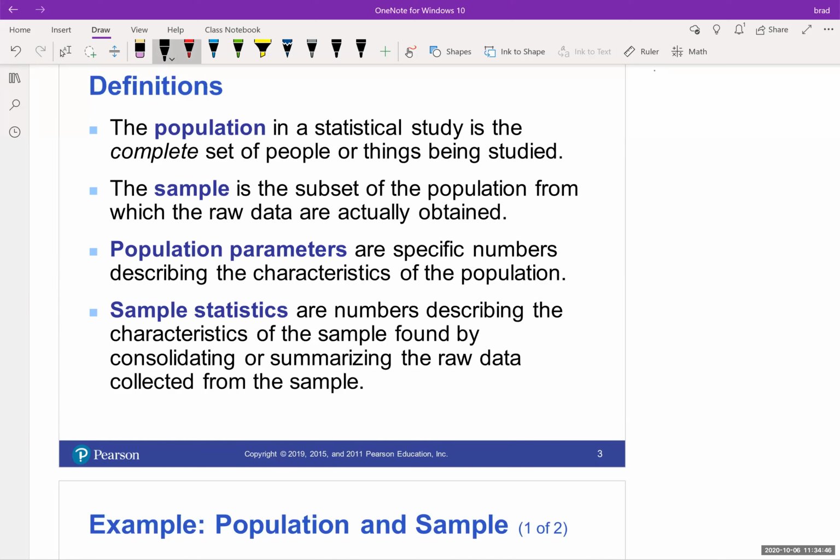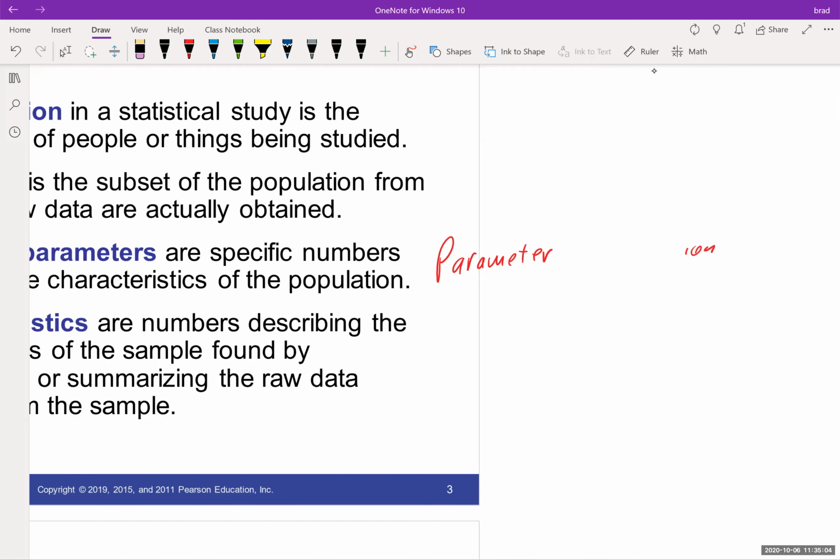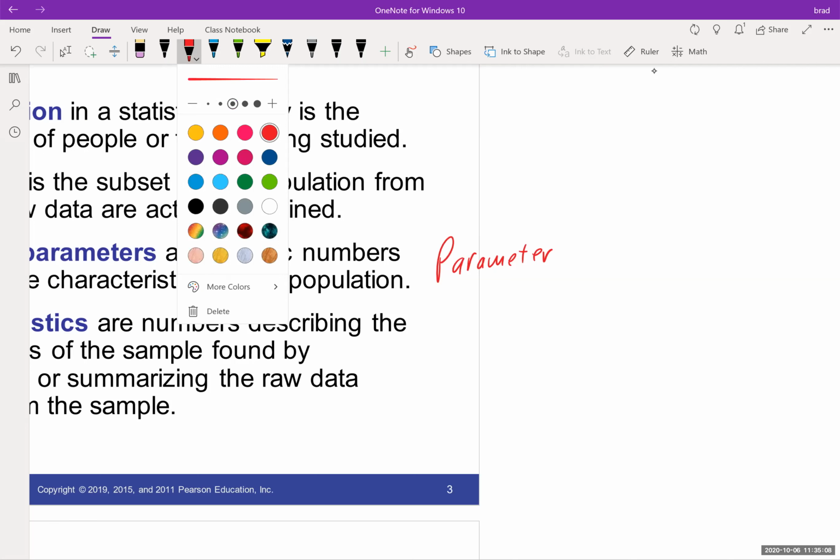Just kind of the way that I remember it is parameter and population. You know what? I wrote that really small. Let me fix this a little bit. Yeah, let me write it like this.